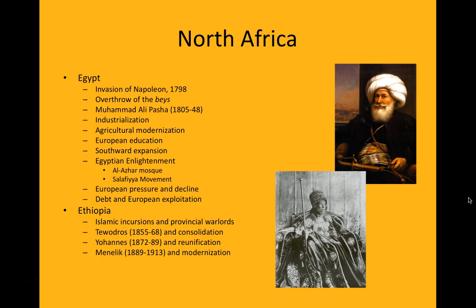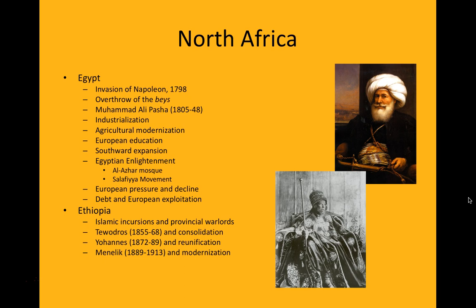But the second significant emperor was Johannes, starting in 1872, who managed to go down the path that Theodros had trodden upon, as it were, and he did succeed by the end of his reign in reunifying all of the different regions of Ethiopia. And so there was once more a kind of empire in Ethiopia, a Christian empire there.